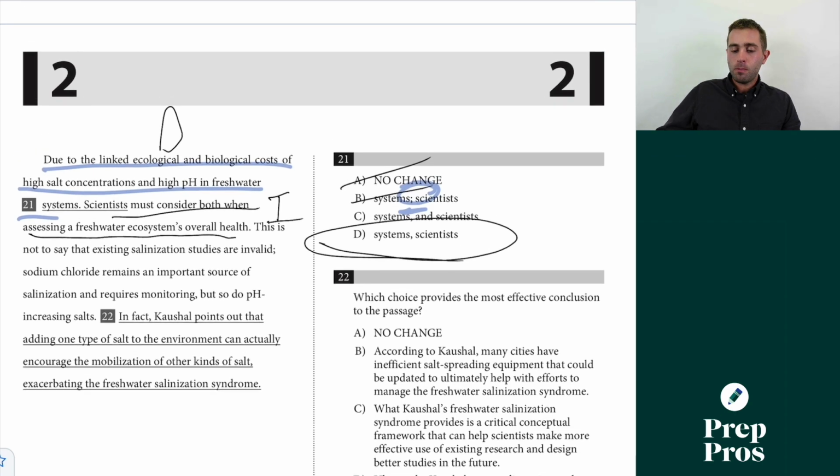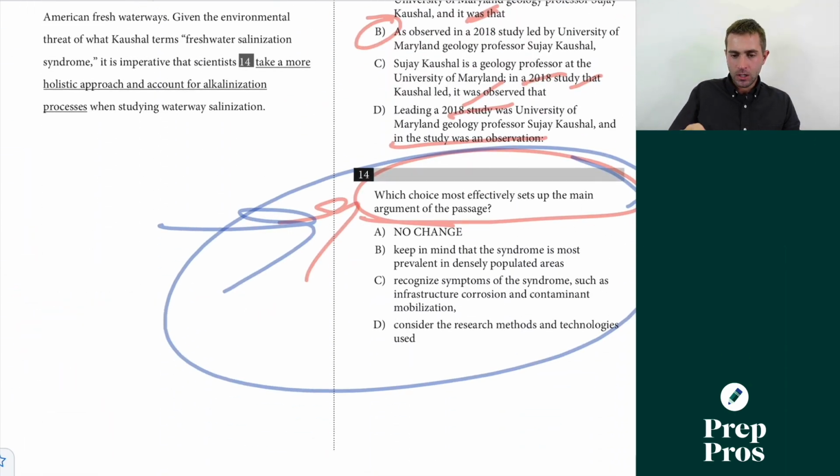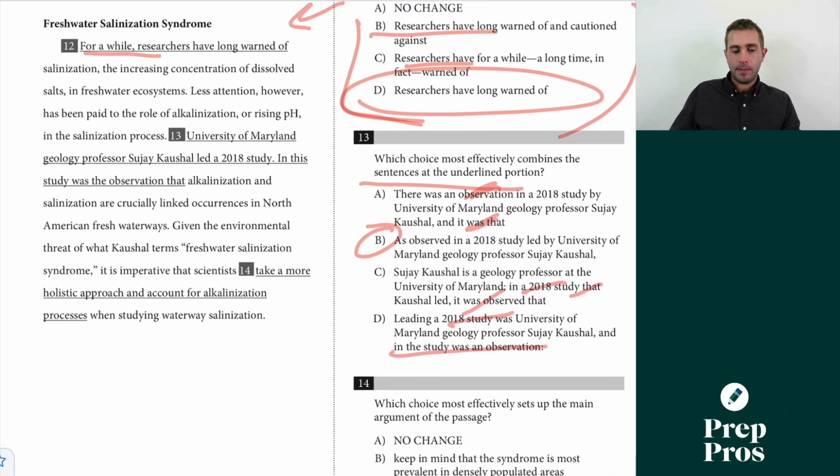Now, we're going to go back to question 14, and then we're going to deal with 22 here. Which choice most effectively sets up the main argument of the passage? Well, what we've really been talking about here is how, although everybody's just focused on salinization, there is this whole big other issue of alkalinization, and the current studies are focused just on the one salt, but we really need to start to focus on all these other ones because they have all these other effects.